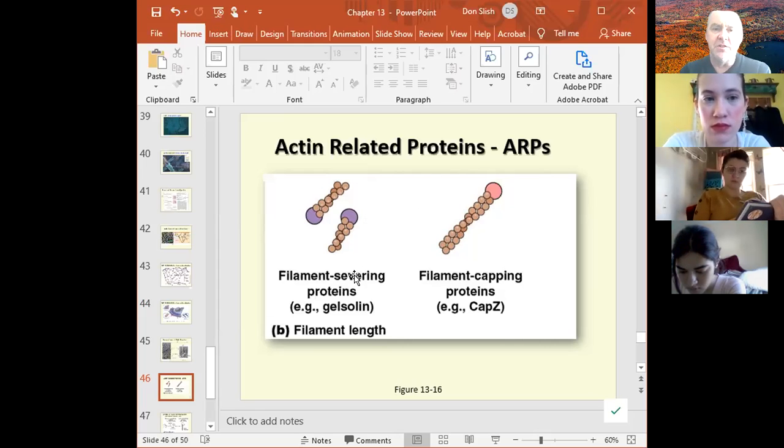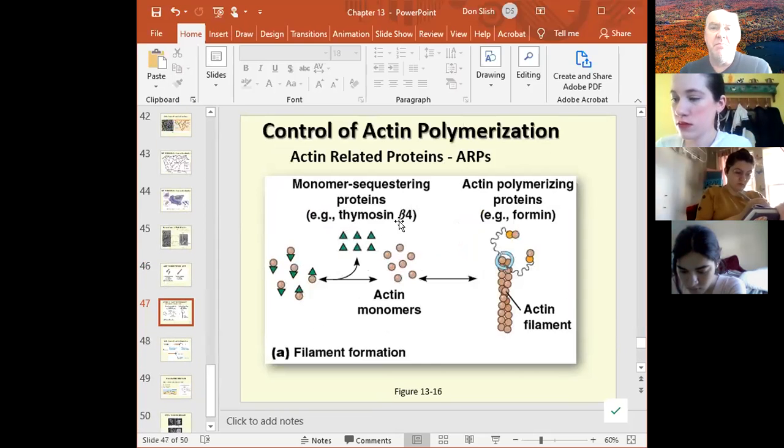Gelsolin we talked about just a second ago. It can cut in the middle of a microfilament and then make it fall apart. So then now you've got unstable monomers and they just fall apart. Thymosin beta 4 is a protein that's going to stabilize these monomers when they've been freed.